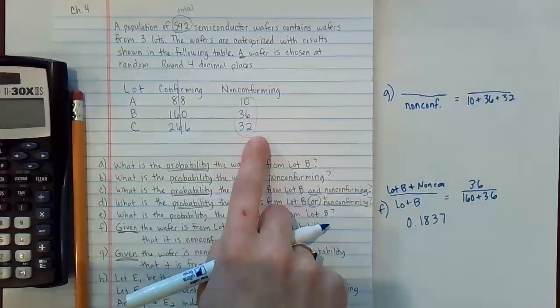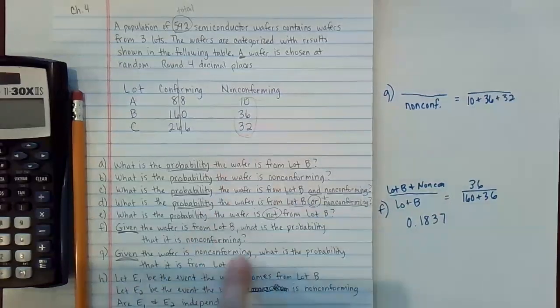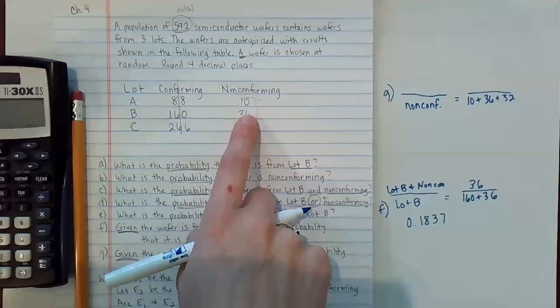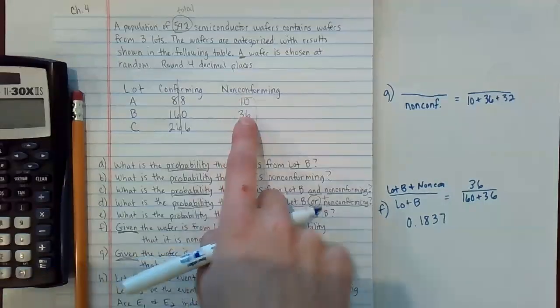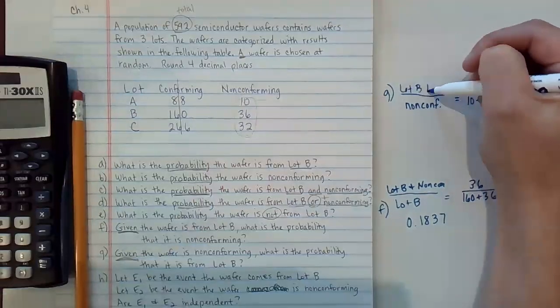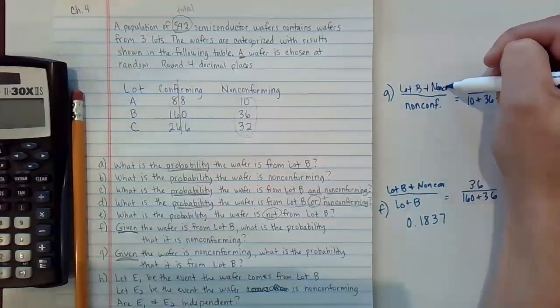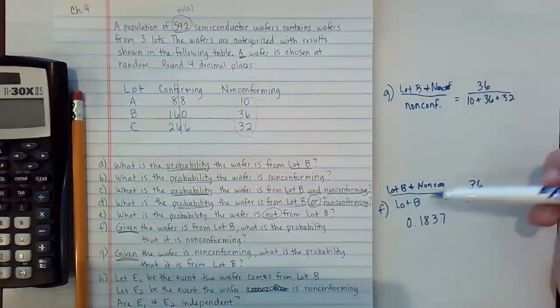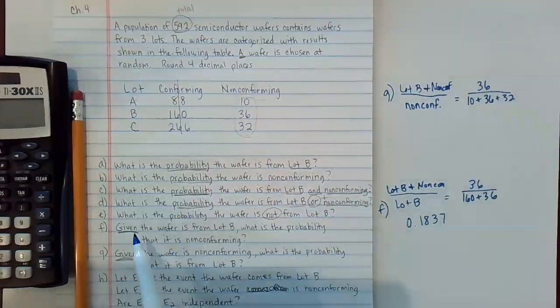From the non-conforming, I want the probability that it is from lot B. Okay, so from this row, what is from lot B as well? And that's the 36. Right, so this is lot B and non-conforming. So the numerator is staying the same, but that denominator is changing because what they gave us was different.